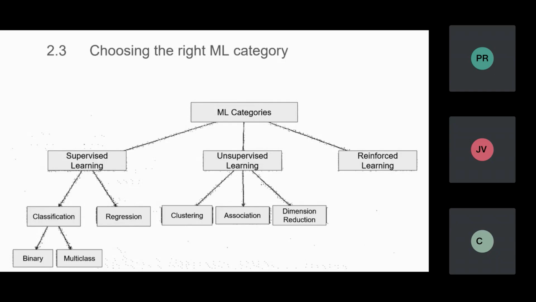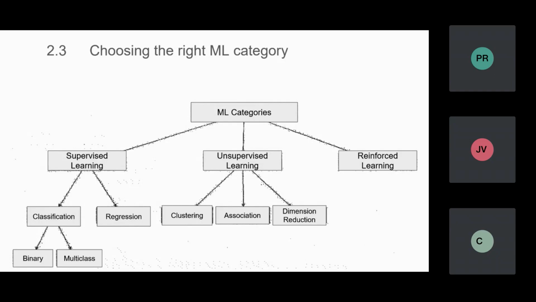Most of the time, the way the ML objective is defined also determines the ML category, based on the way we are building the system and the kind of data that we have.